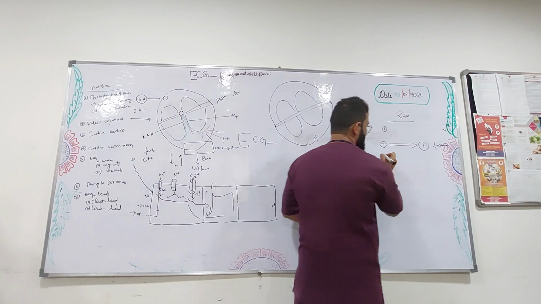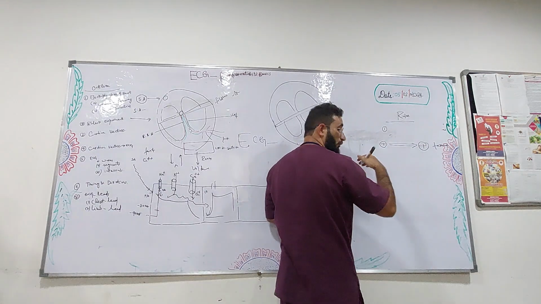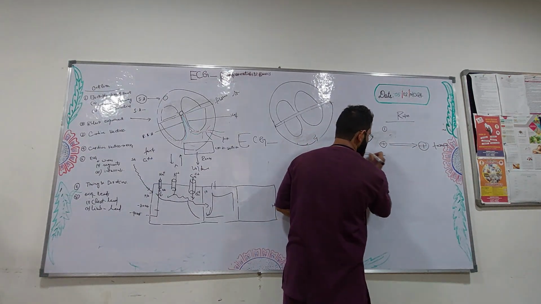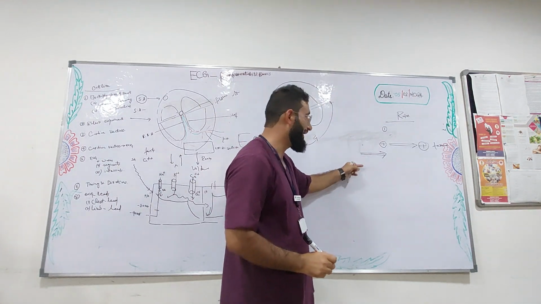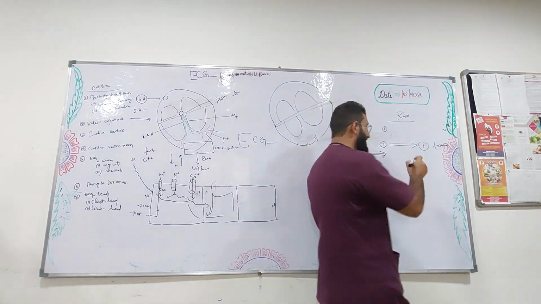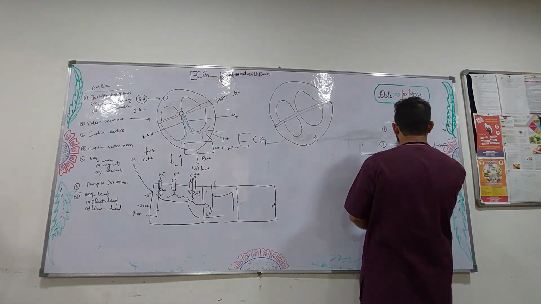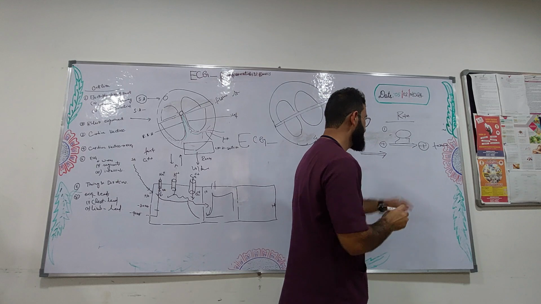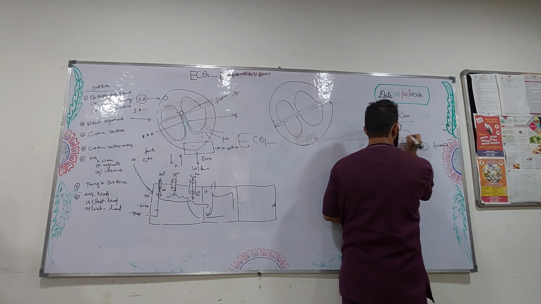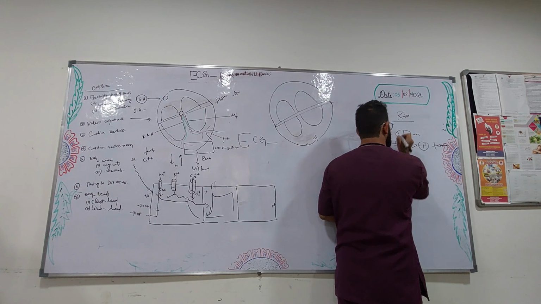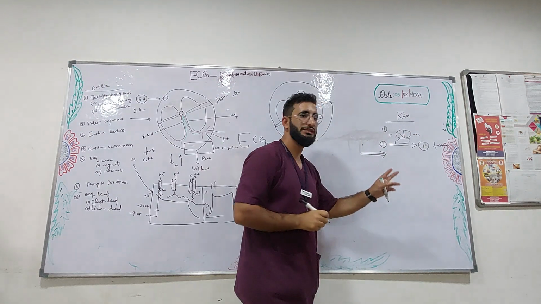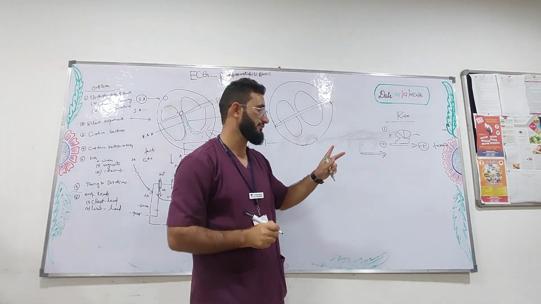Whenever there is movement or flow of charges from positive end to positive end, the deflection is positive. Here I will apply the galvanometer. This is the neutral point. The deflection will be positive. So this is the first rule.